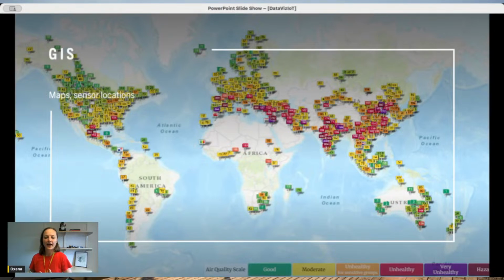If you have installed many sensors, and this is obviously not in the whole world like here, but maybe you have a garden, right? And you have a bunch of sensors, or you want to visualize different sensors even around your house. Consider a map with sensor locations and the possibility to click.